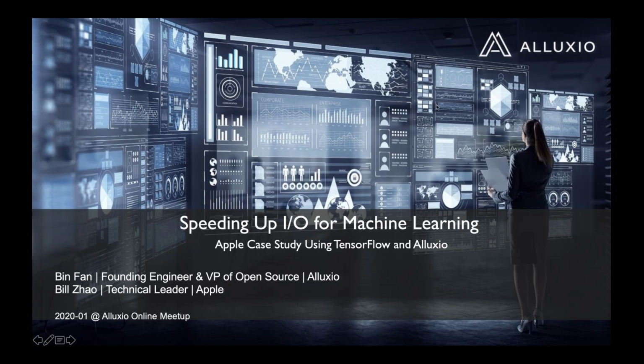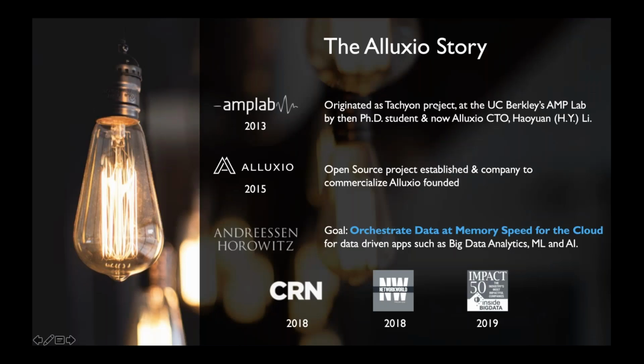Before we start, I want to briefly talk about the history of Alluxio in case this is the first time you've heard of it. Alluxio was originally a research project called Tachyon in the UC Berkeley AMPLab, where other projects like Spark and Mesos also grew.